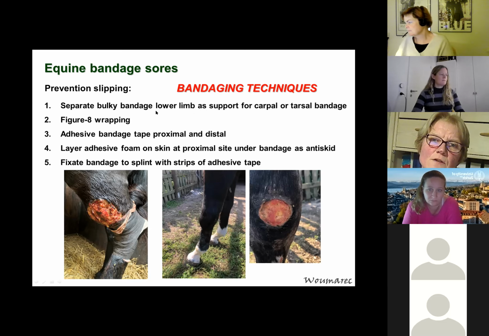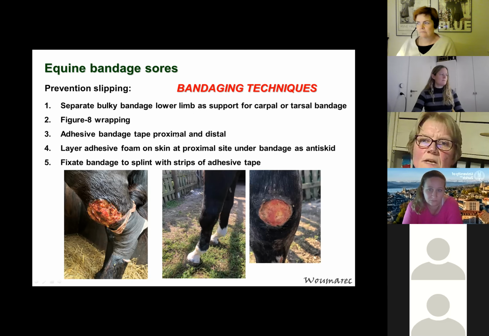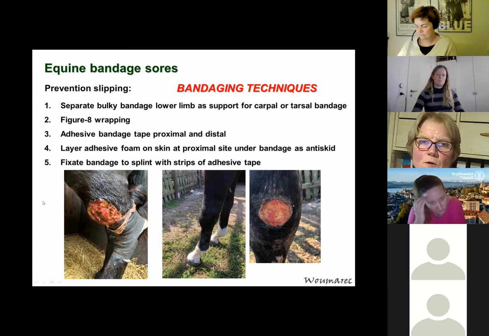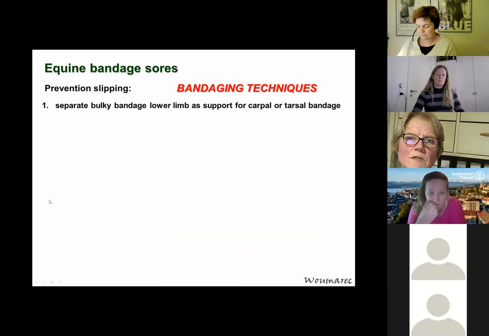We can use an adhesive bandage to tape the bandage to the limb, or we can use adhesive foam, which serves as an anti-skid. And in the very difficult cases, we can fixate the bandage to a splint to prevent slipping. So I will go through all these points.